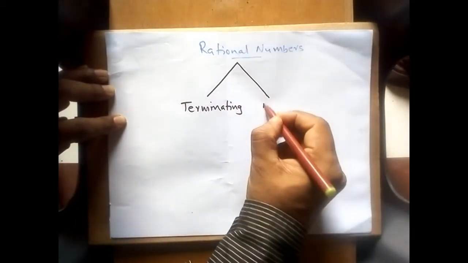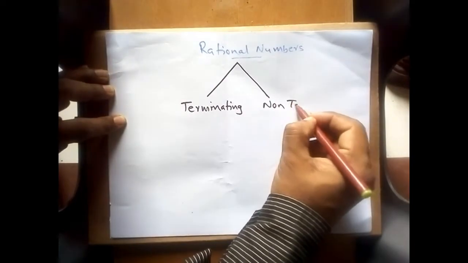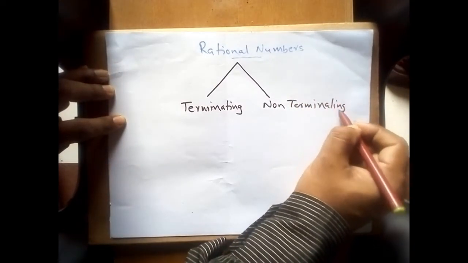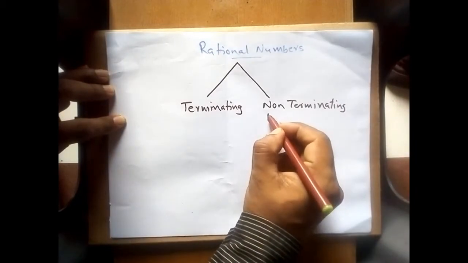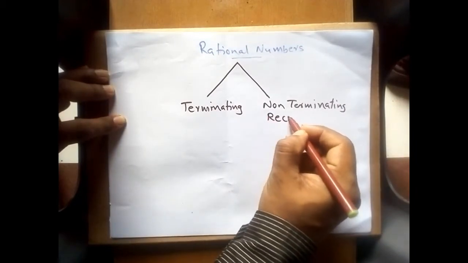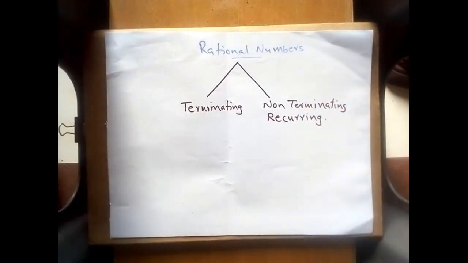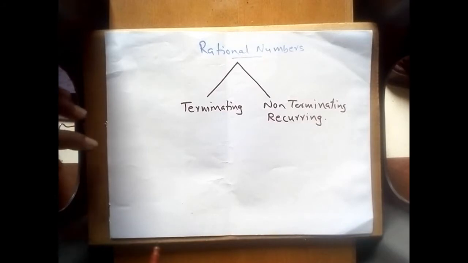The second one is non-terminating but recurring. Let us see examples.